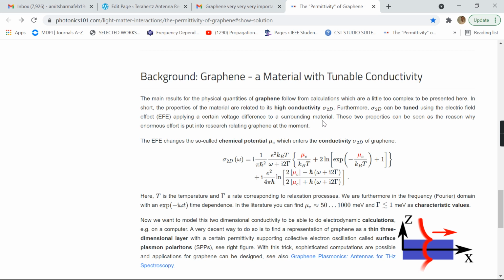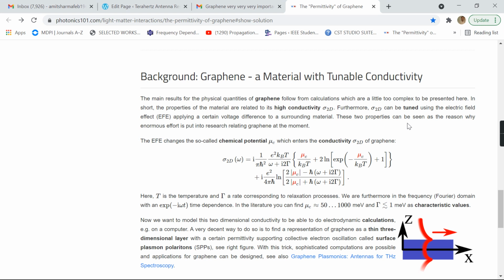Suppose graphene is placed on silicon dioxide, and the thickness of the silicon dioxide is also not very large. It should be around 1 to 2 micrometers. So if the electric field effect is applied in terms of a certain voltage difference between graphene and that material, then the conductivity of graphene can be tuned.